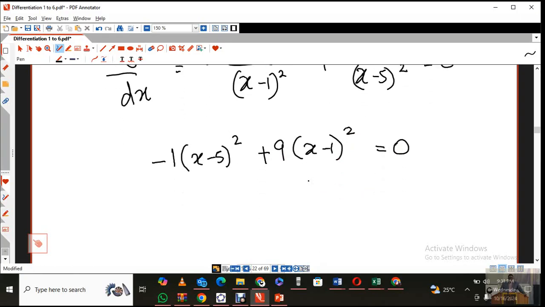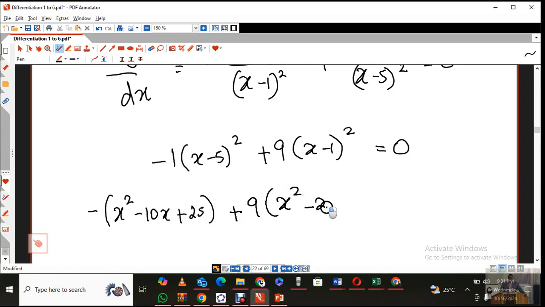Then we have a little bit of work that we need to do, so make sure your algebra is sound. So that's x squared minus 10x plus 25 plus 9. So it's x squared minus 2x plus 1 is equal to 0.